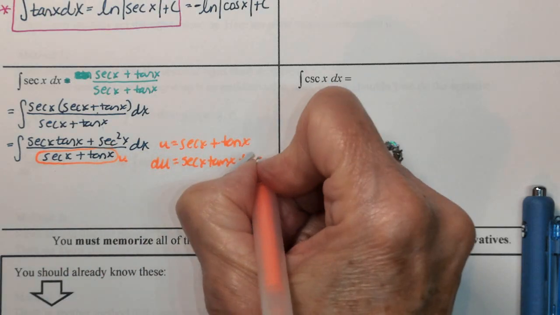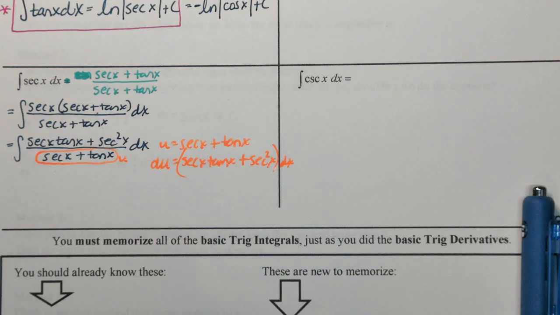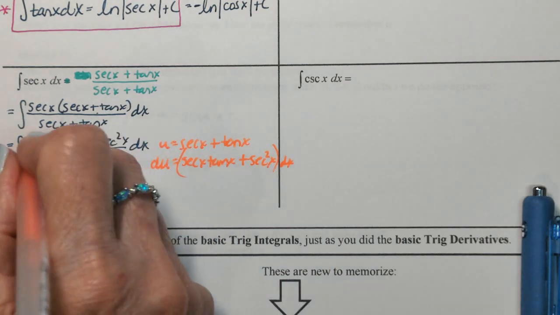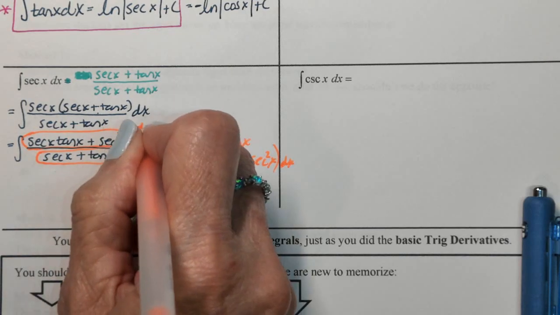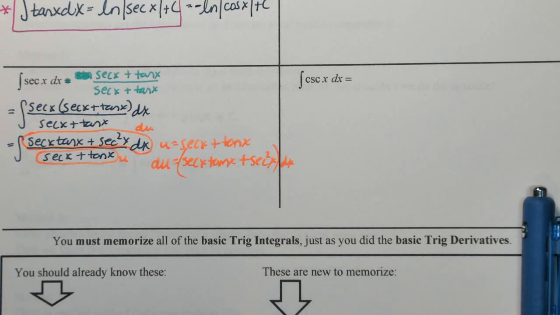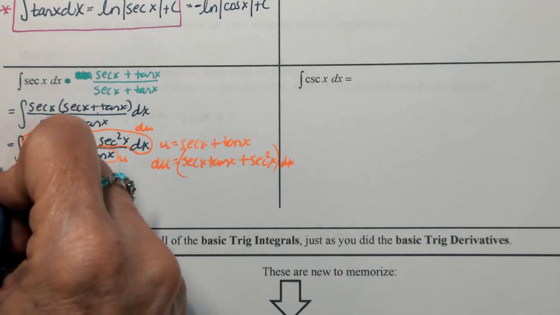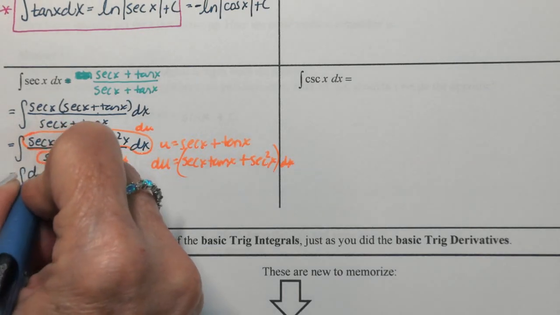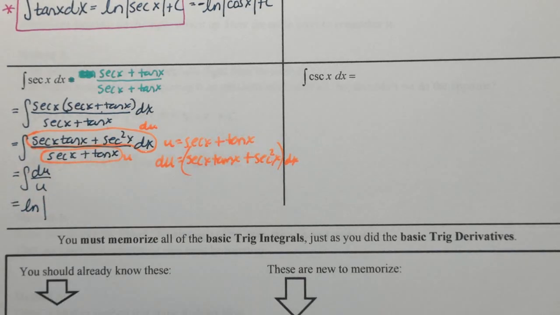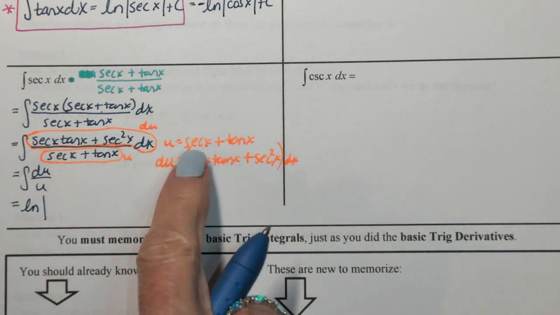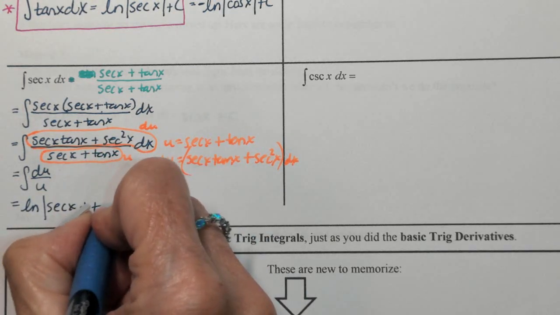Secant squared dx. Yeah? So on top now is exactly du. Don't have to multiply by anything. It's just the integral of du over u, which is ln absolute value of u. But what was u? U was secant x plus tangent x.